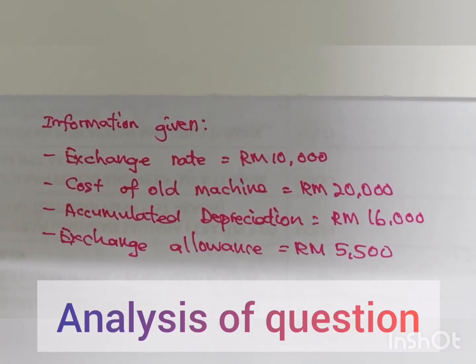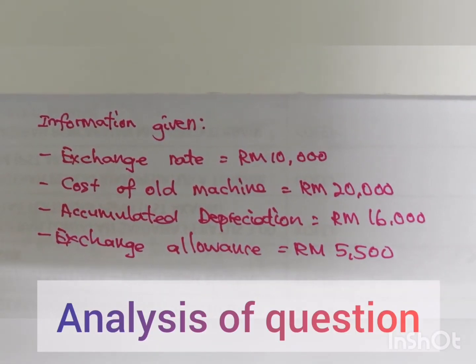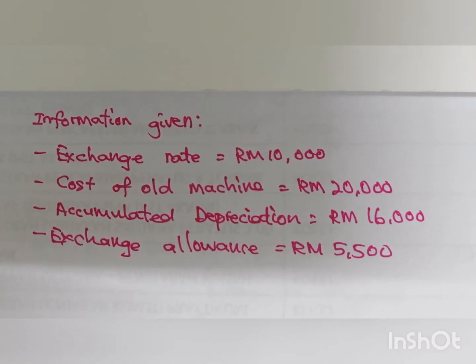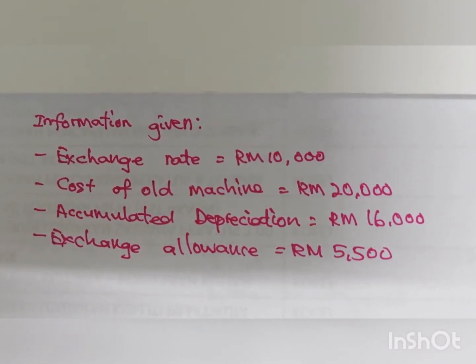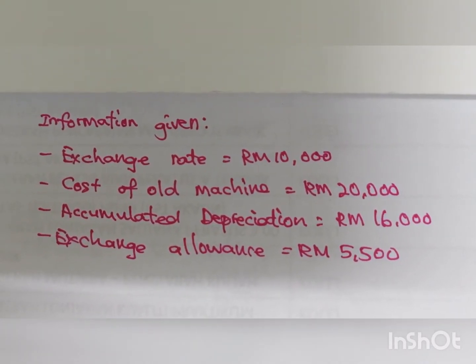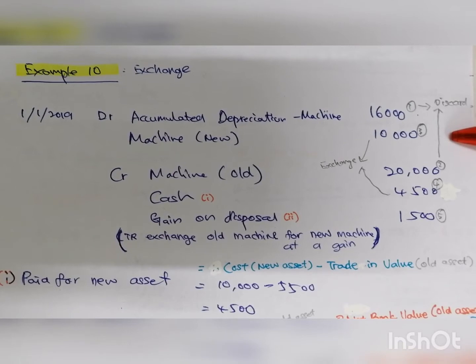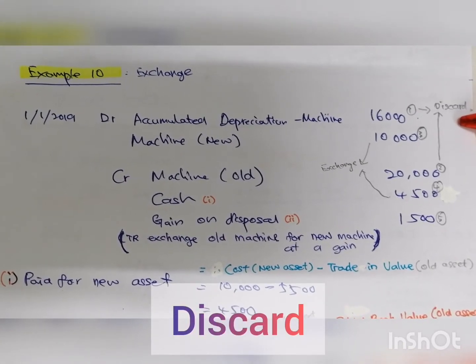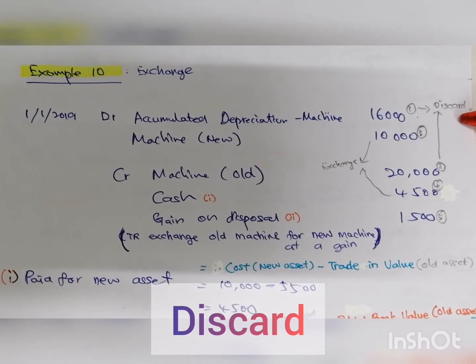This is the analysis of the questions. Exchange price 10,000, cost of old machine 20,000, accumulated depreciation 16,000, and exchange allowance is 5,500. In order to do the journal entry, we should first discard the old asset.